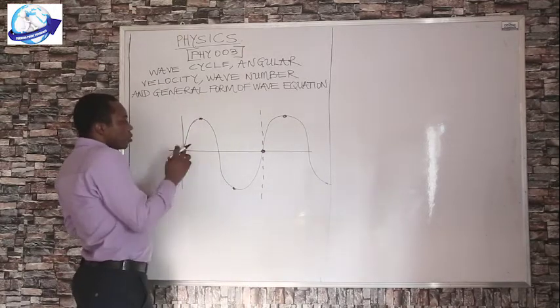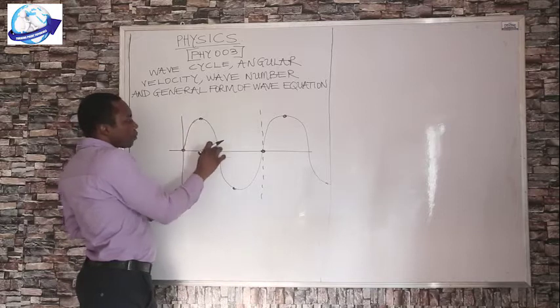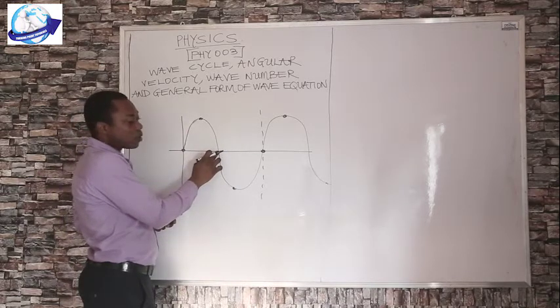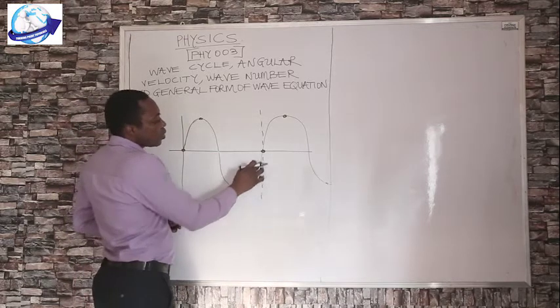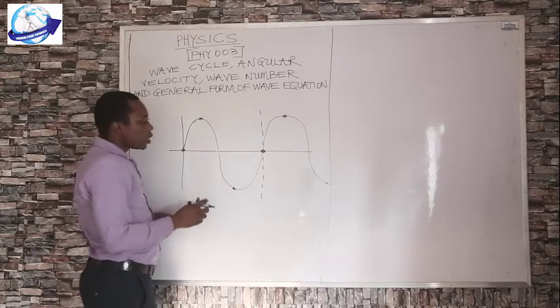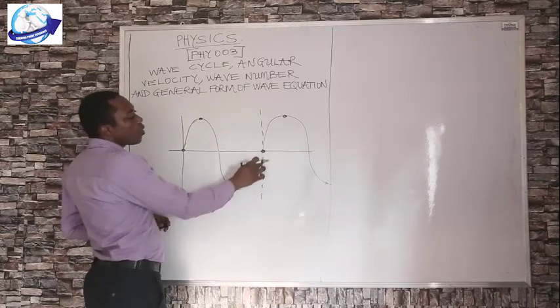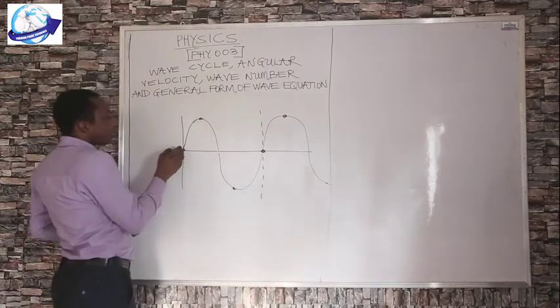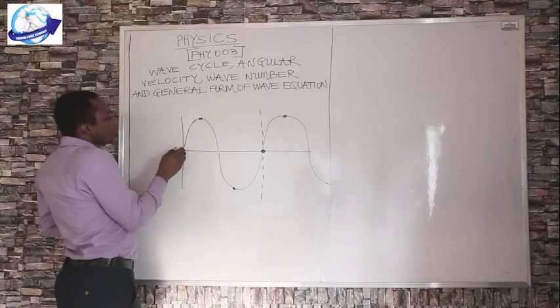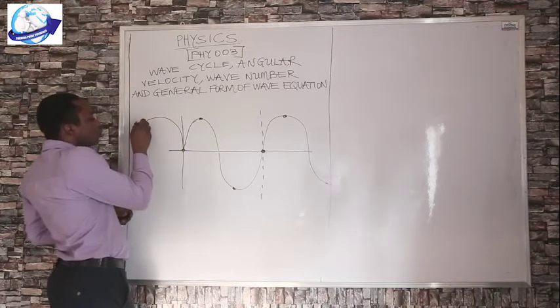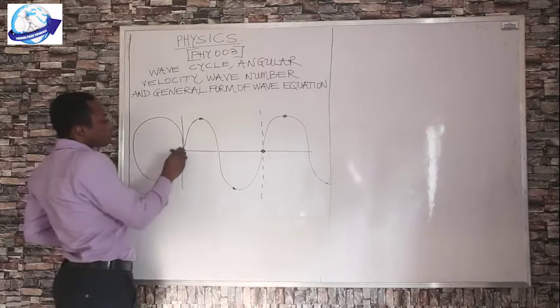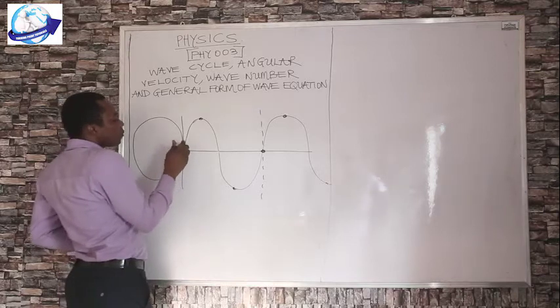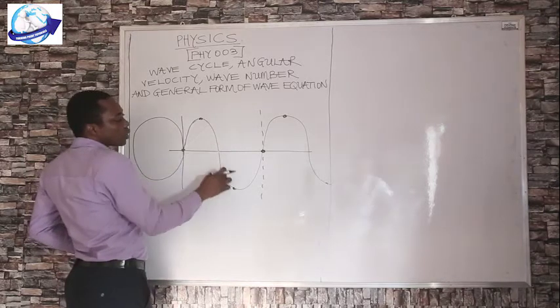You can consider movement from here to here, that is half cycle, and then from here to here, another half cycle. Then when you combine the two together, you have a full cycle. Then if we make an extra connection of these two, we have a full cycle. So a wave cycle therefore means a full cycle.